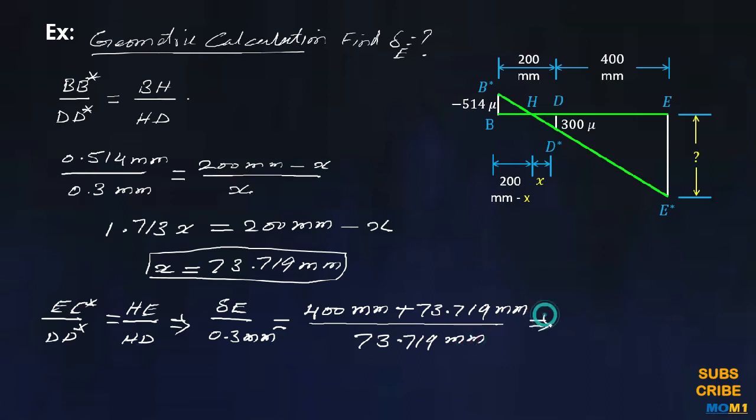Solving this, we get the value of deflection at point E, that is going to be 1.928 millimeters, and this is what we were trying to find.